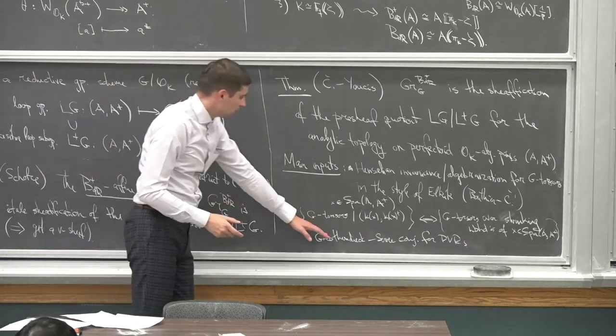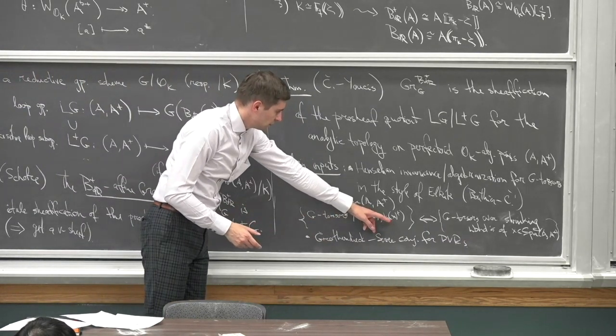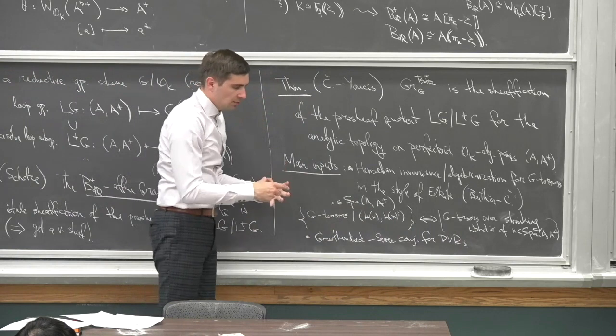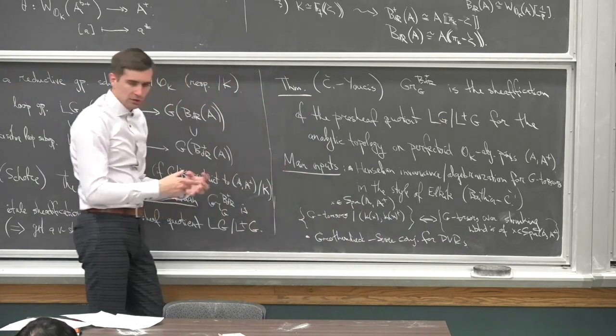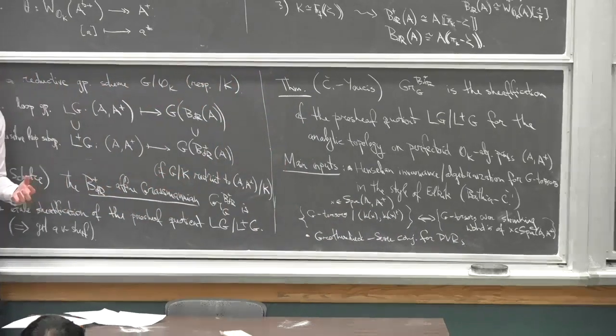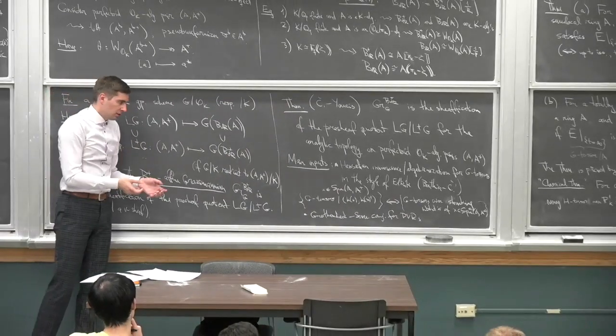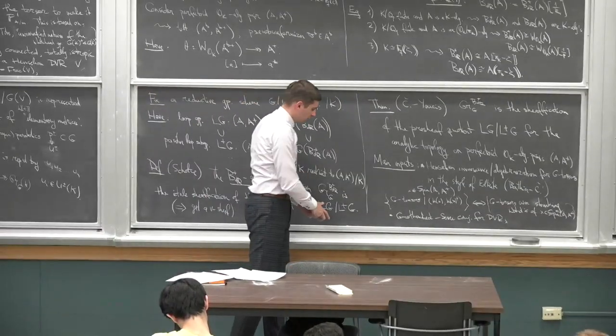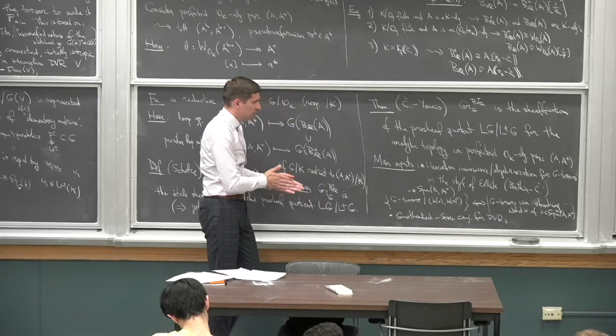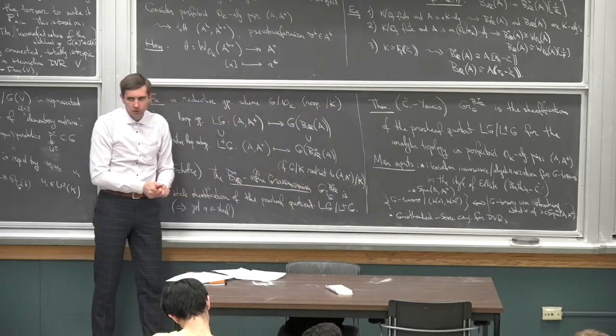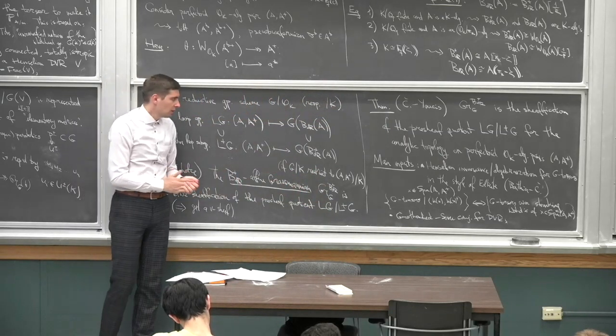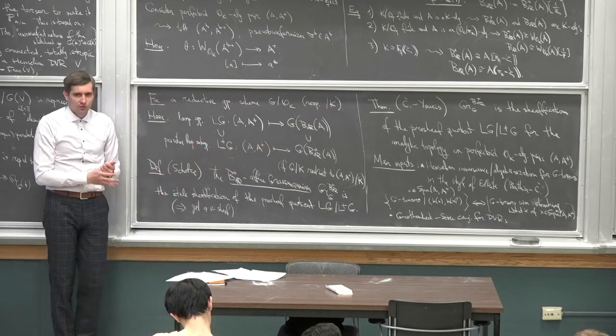And the way it's relevant is that this completed residue field is a discrete valuation ring here because it's a perfectoid field. And you have a torsor which is trivial over the fraction field, so it must be trivial by the Grothendieck-Serre conjecture for DVRs, which is a result of this image. Anyway, let me just stop this.